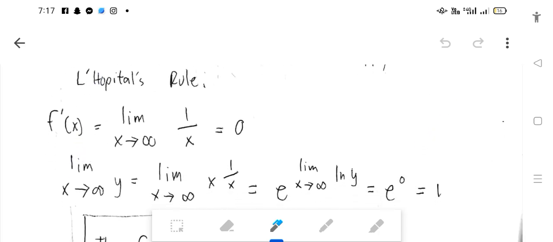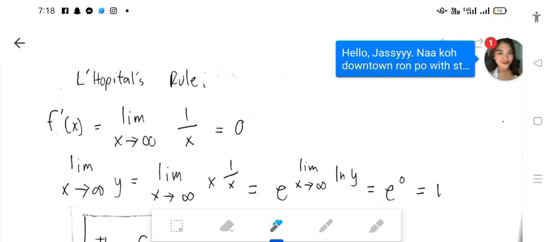In applying L'Hopital's rule, we're going to find the first derivative of the function.